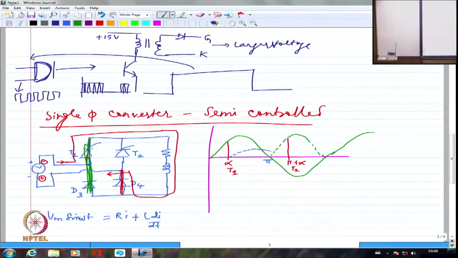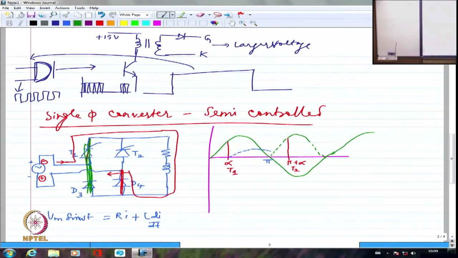T1 is already conducting. Nobody to turn it off. D3 has gotten into conduction. T1 is also conducting. So this entire leg is conducting, happily circulating a current only through the load and the two short-circuited devices. As simple as that.